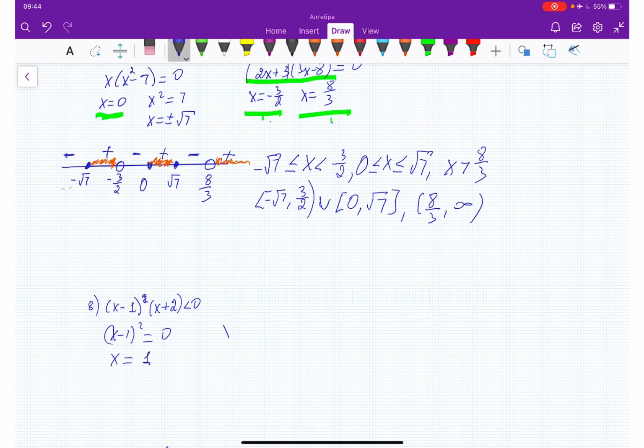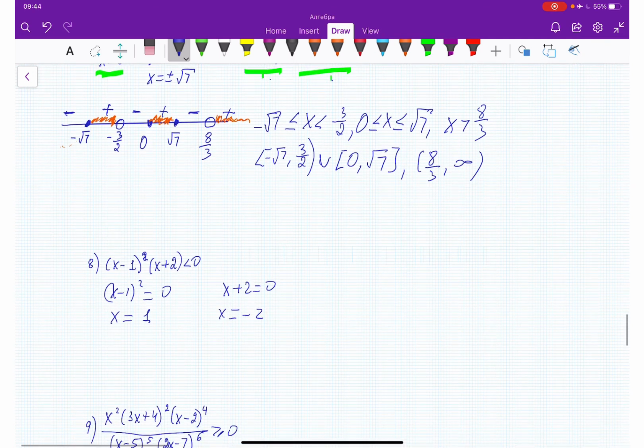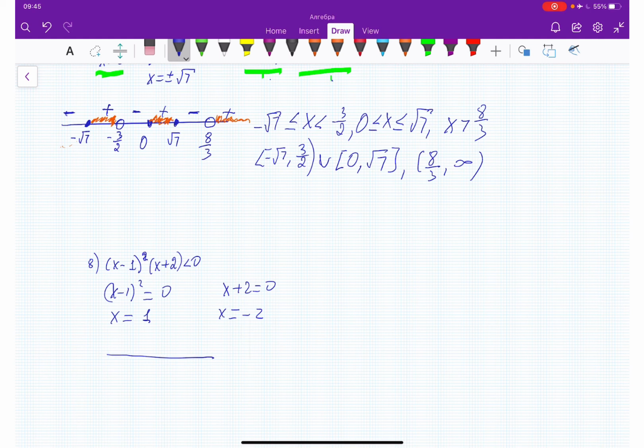And in the other case, x plus 2 is equal to 0, x is equal to negative 2. Since we have less than, there is no equal sign, so both answers are going to be empty circles. Negative 2, and this is 1.